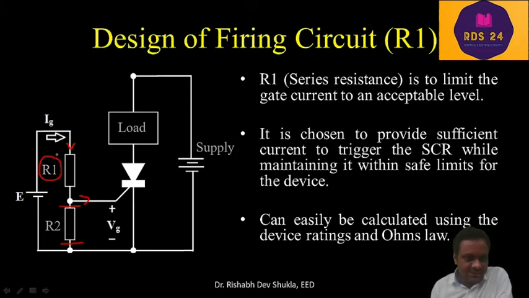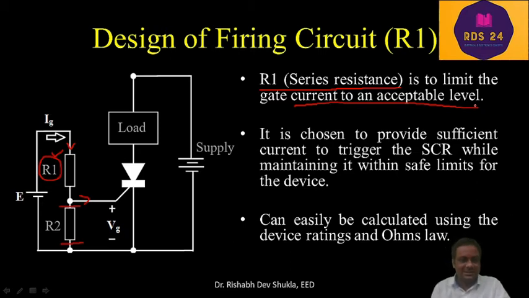Firstly, we are going to discuss the significance of R1. R1 is a series resistance which is connected in your gate to cathode circuit. This will maintain the current to an acceptable level. That means this resistance is responsible to maintain a safer limit of the current in this circuit.